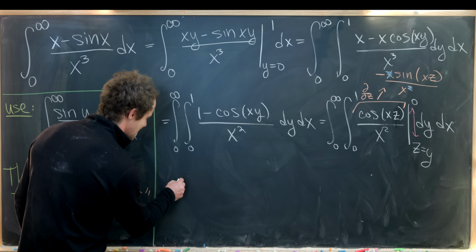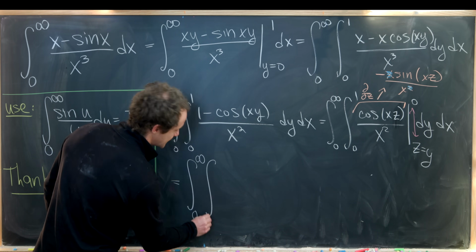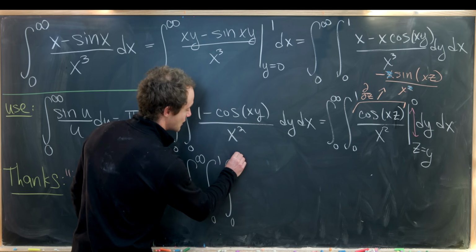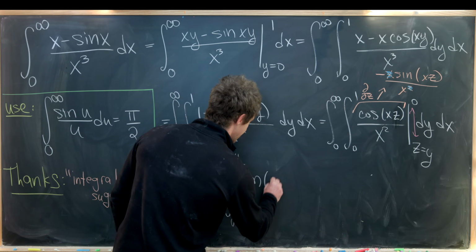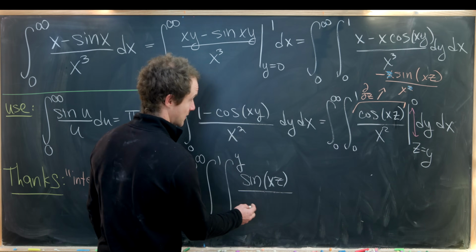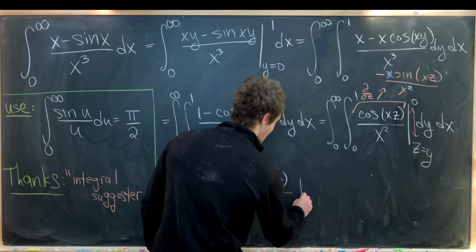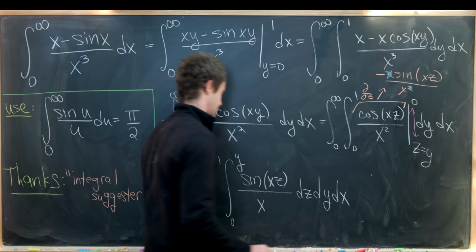So that's going to, in the end, give us the integral from 0 up to infinity, and then the integral from 0 to 1, and then the integral from 0 to y of sine of xz over x, and then we have dz dy dx.